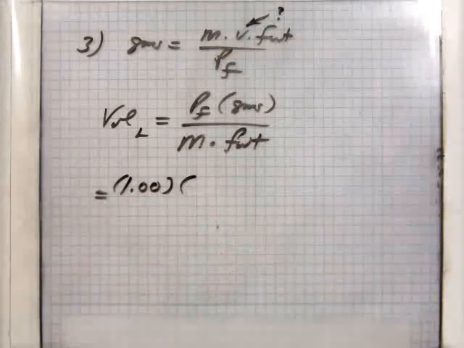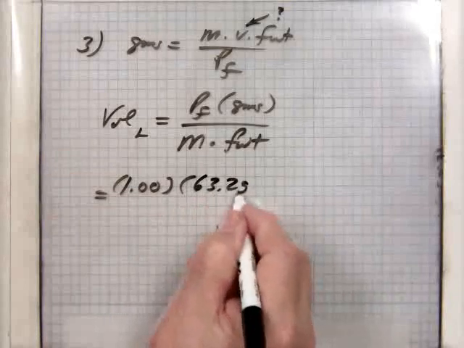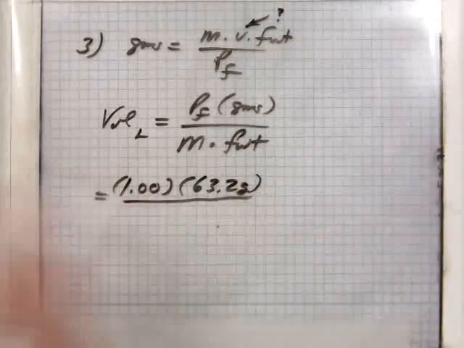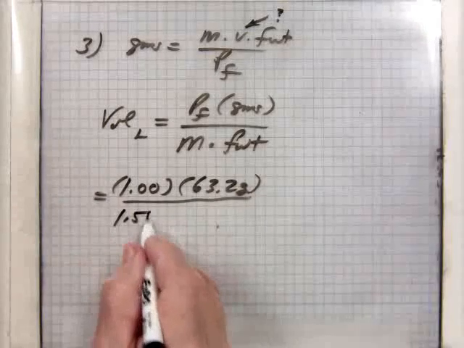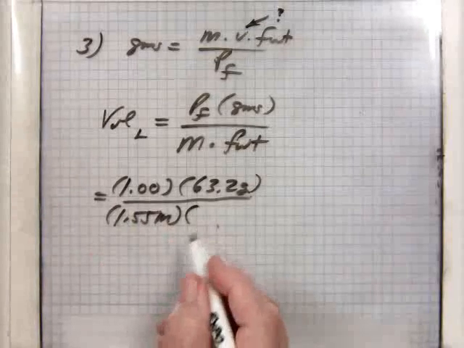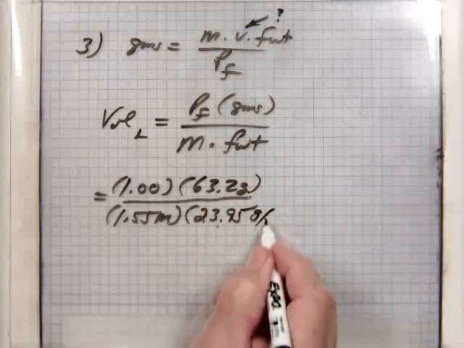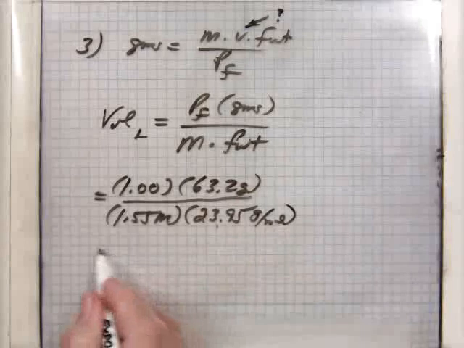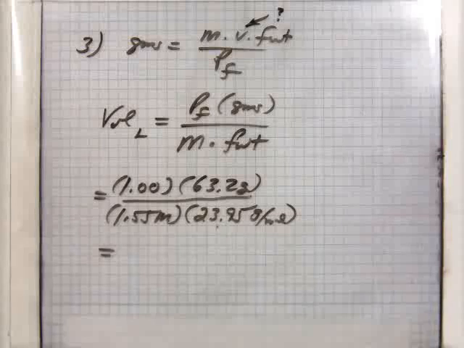The grams, 63.2 grams, divided by a molarity of 1.55 molar, and the formula weight is 23.95. Running that out tells you what volume of solution contains that many grams.